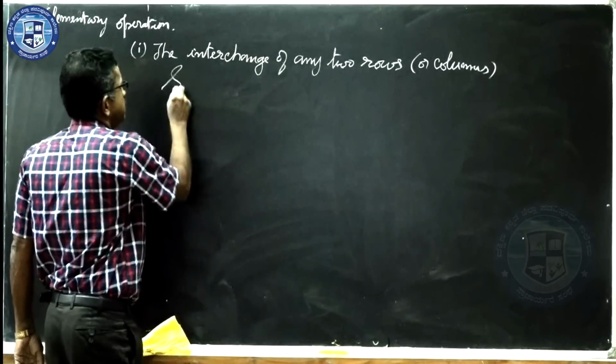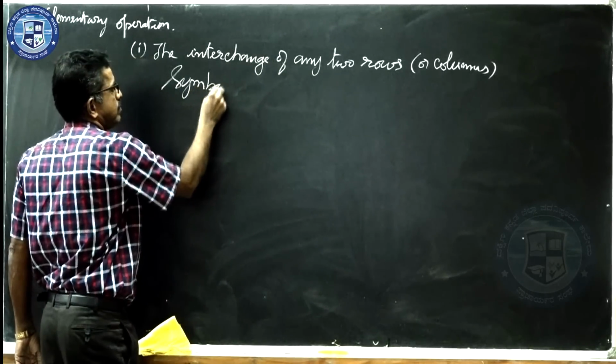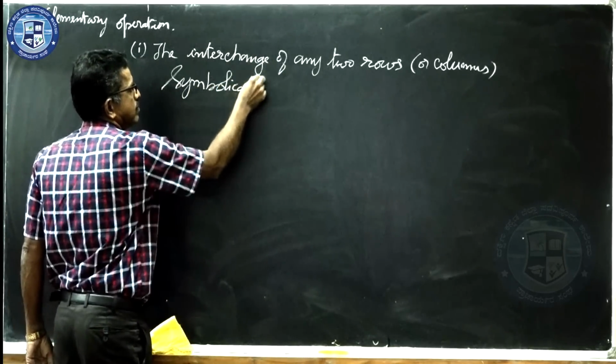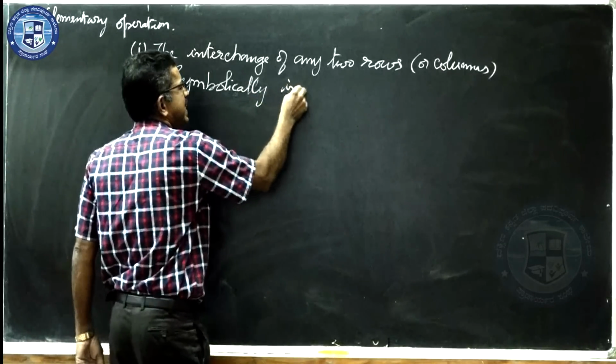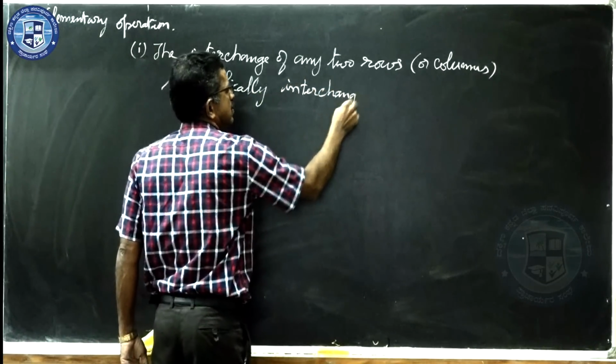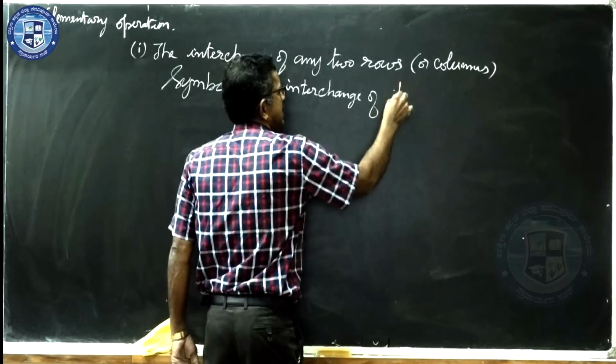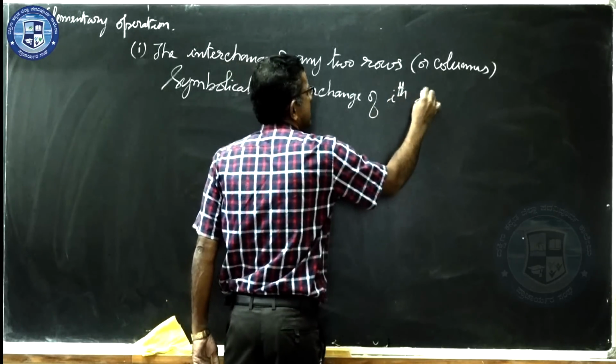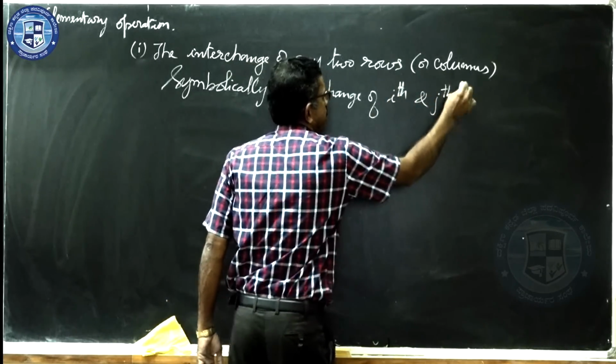See, symbolically, the interchange of ith and jth rows.